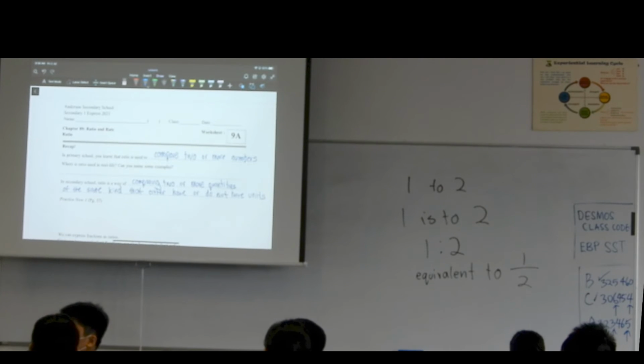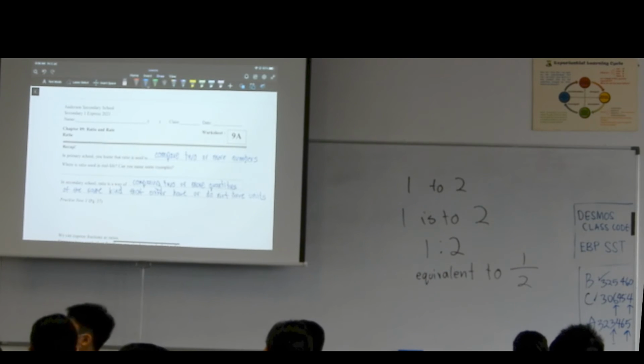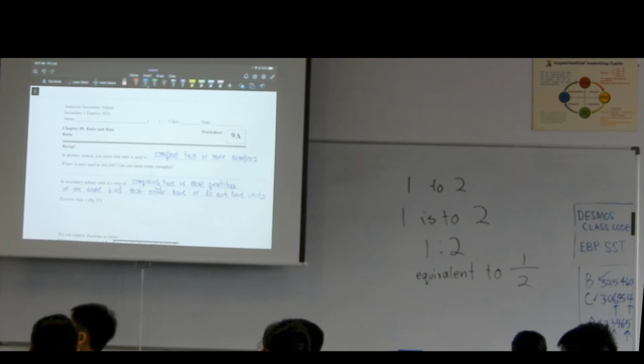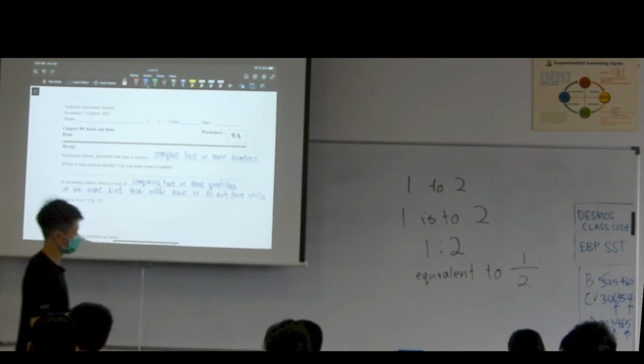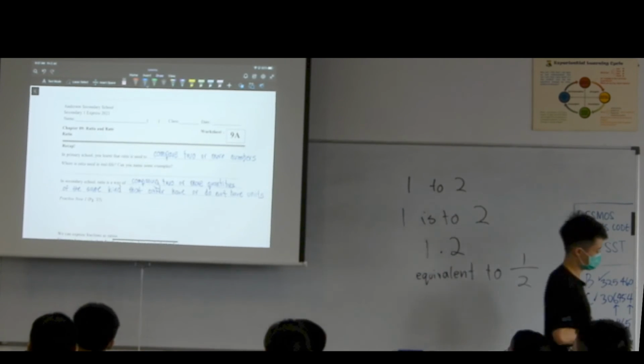What is the question asking you to compare? The number of people attending a party, the number of drinks the person drank, the time taken for that person to travel to this location. Okay, it's very important to always identify your subject that you need to compare. Okay? A bit boring lah, but sorry, deal with it.